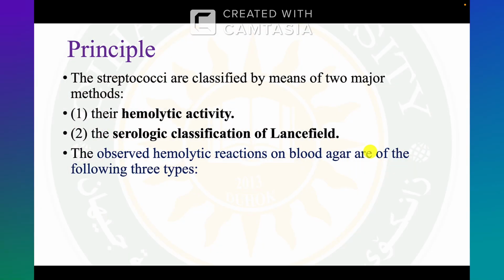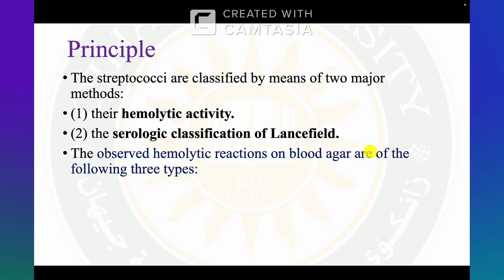The principle, as I said: according to hemolytic activity, we classify groups of Streptococci into categories, according to the hemolytic activity and to the serological classification of Lancefield.